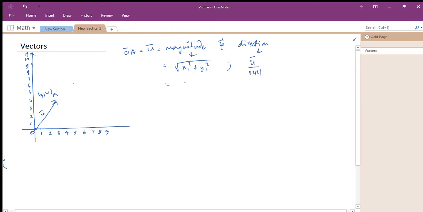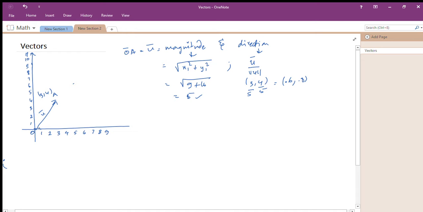So let's quickly calculate this. Here you've got 3 squared 9 plus 4 squared 16 is equal to root over 25 is equal to 5, right? And over here you've got 3 comma 4, which is u bar, divided by its magnitude, which we just saw is root over 25, 5, and this would be 3 by 5 and 4 by 5, which is 0.6 and 0.8.